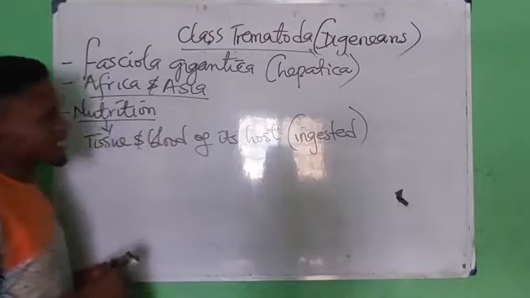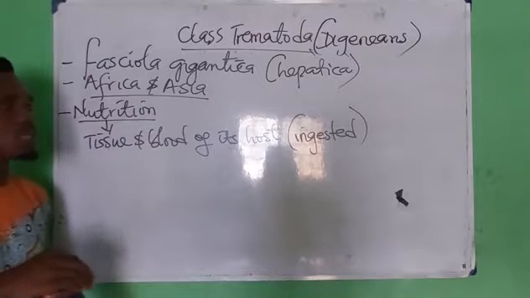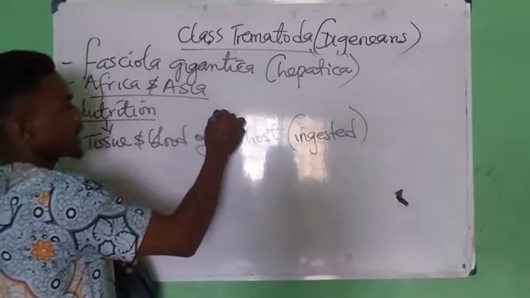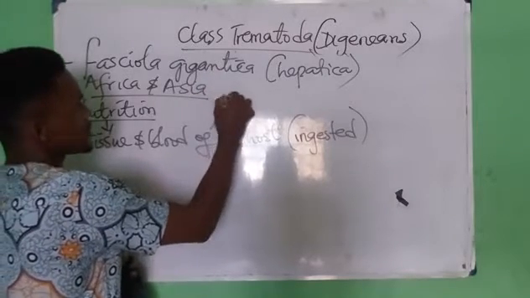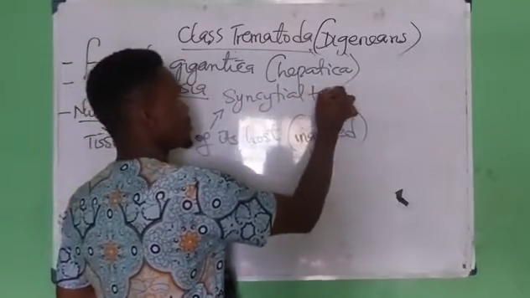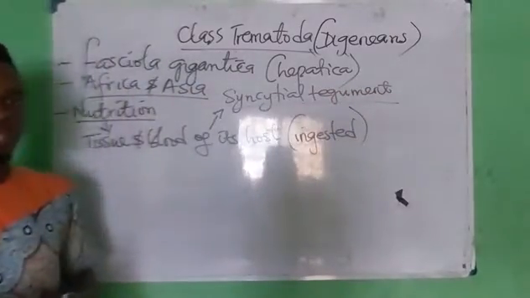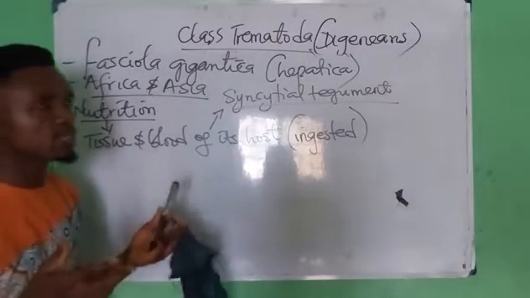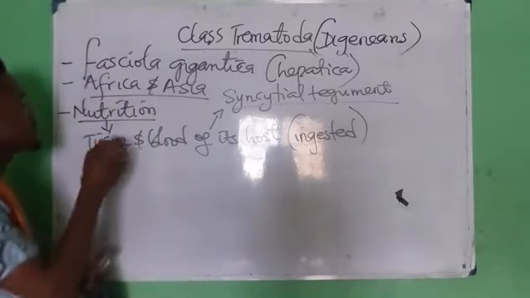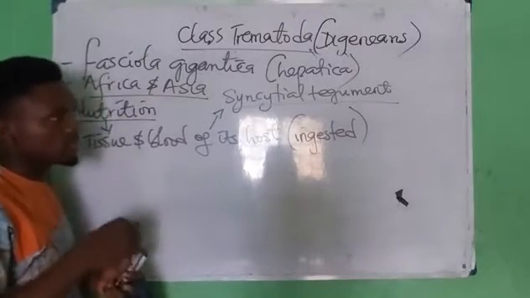To a very large extent, this organism is not able to be digested fully because it has an external protective layer called the syncytial teguments. So these syncytial teguments act as a protective shield. Apart from being protective in function, it also carries out metabolic activities.